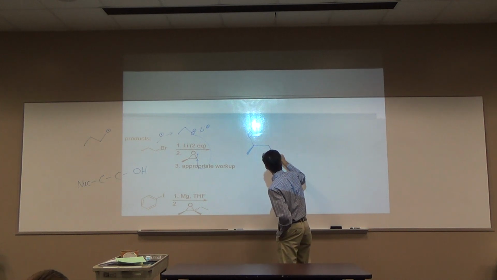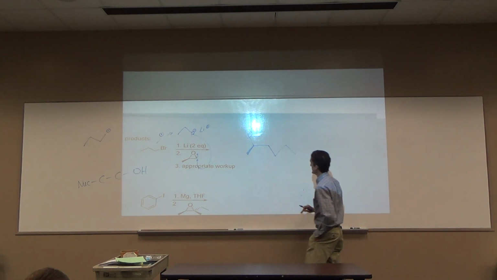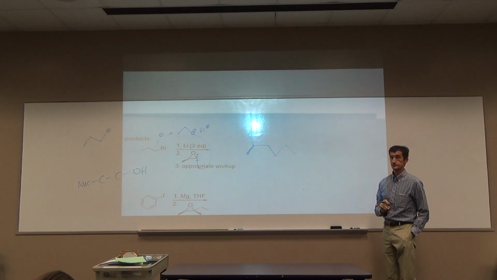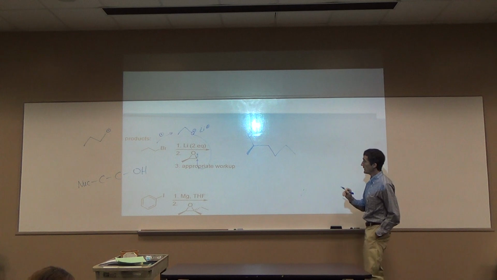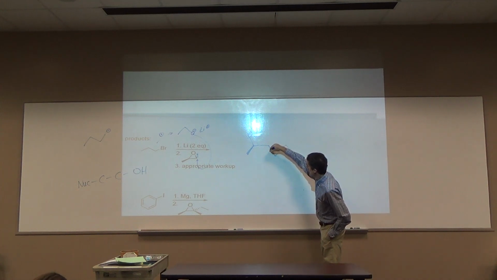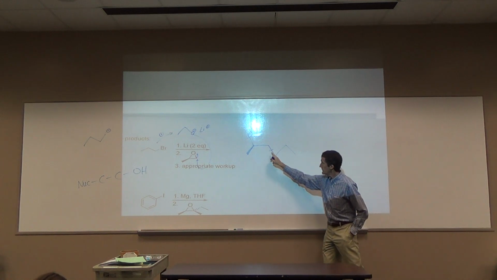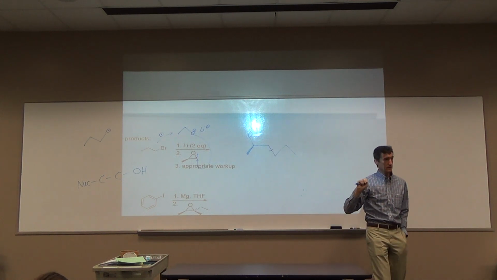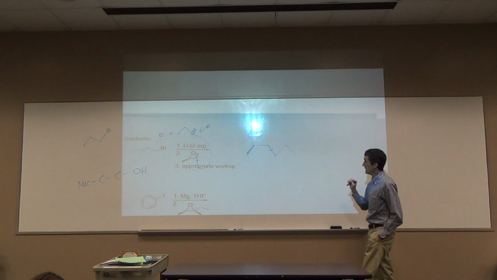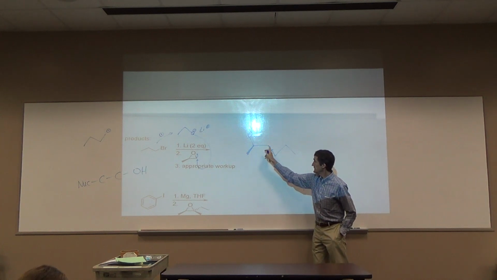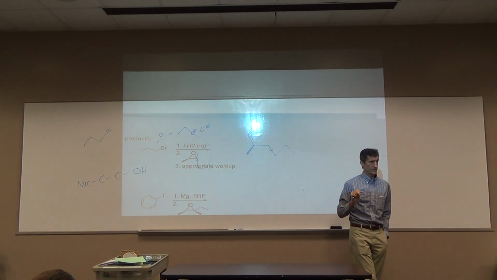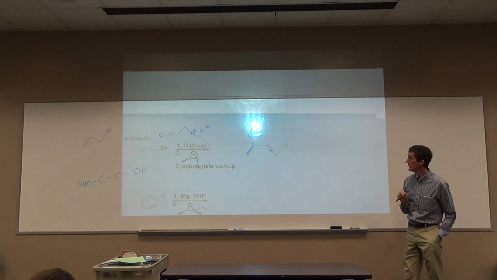Okay? 1, 2, 3. Which bond did we just make? Bond there, right? But look at it. We're making a carbon-carbon bond. Part of this long chain, we connected it up there. Carbon-carbon.